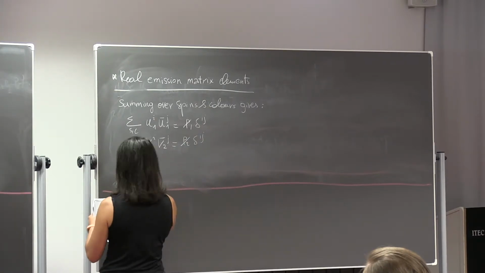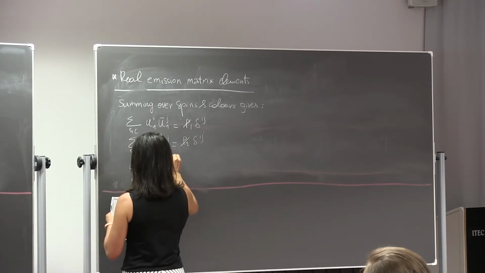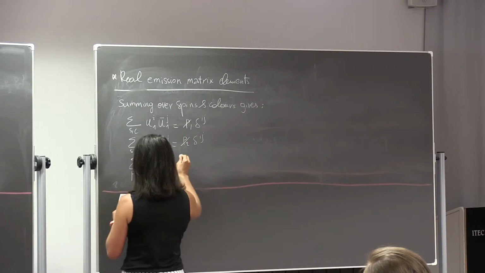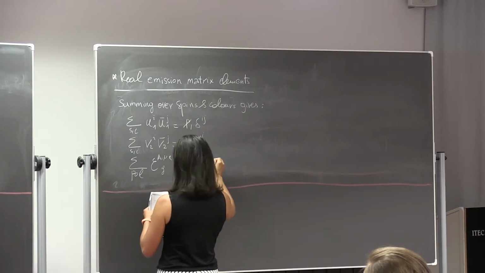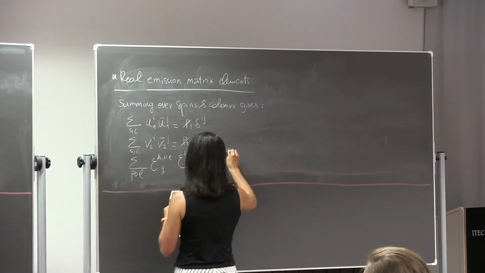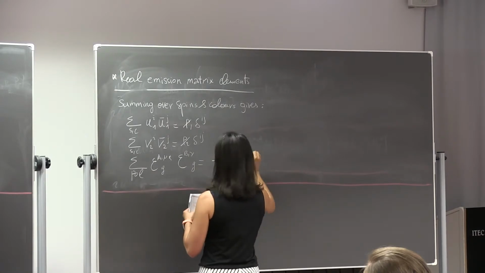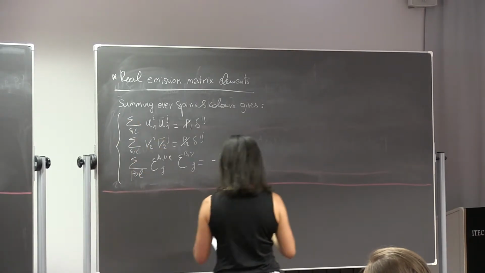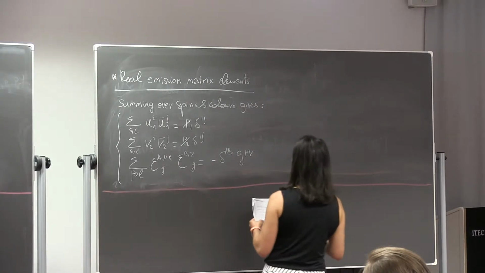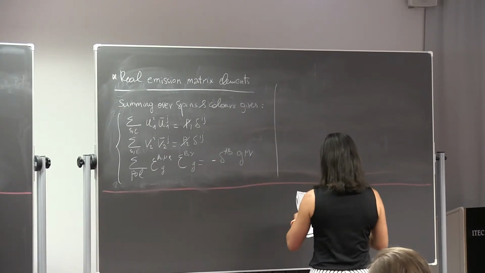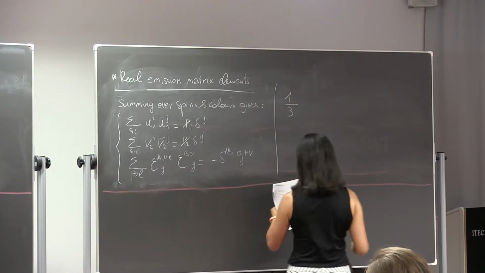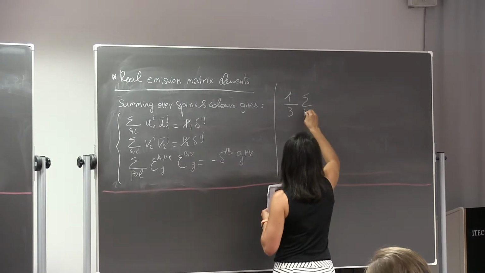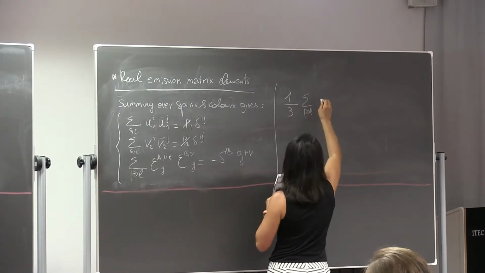And we have a sum of polarizations for the gluons, which is simply minus delta AB times G mu nu. So all these relations will be used, and we also have the sum over the photon polarization. So we average over the initial state polarizations, that's 1/3, and we sum over all other polarizations.